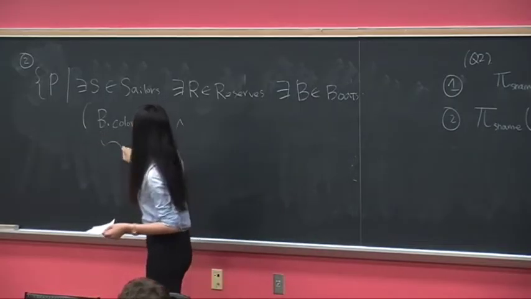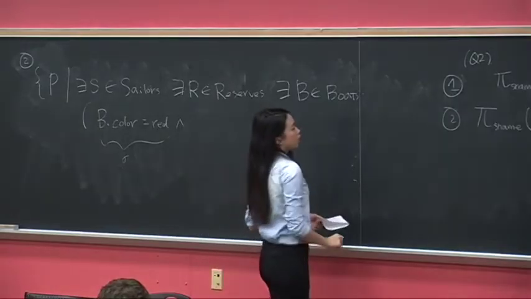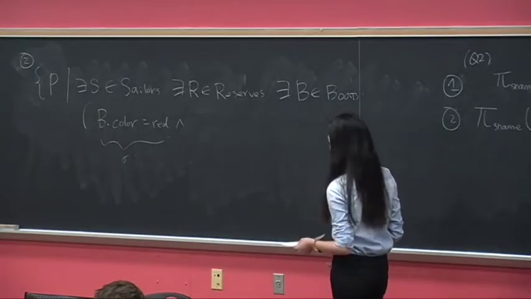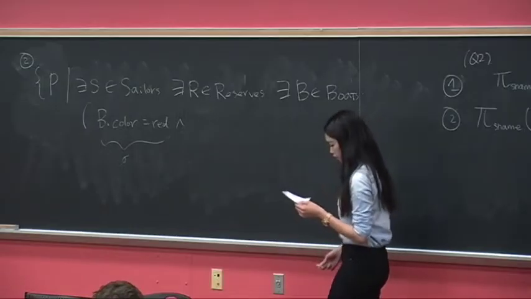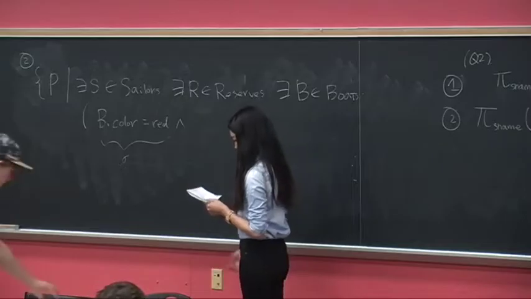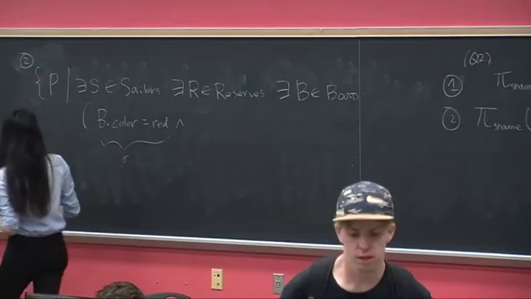What next? Do you want to take care of projection or join? Either way. Let's look at join then. So let's say we want to take care of the join, what should we do?